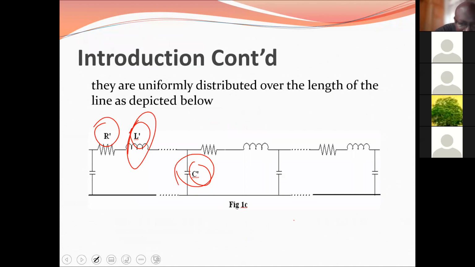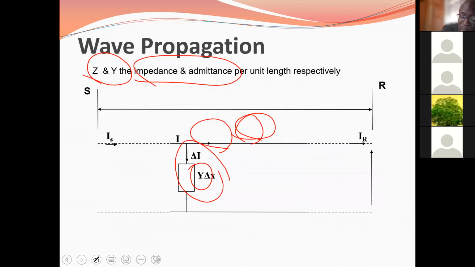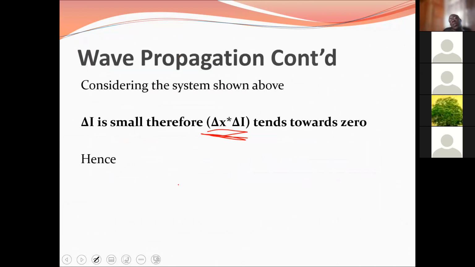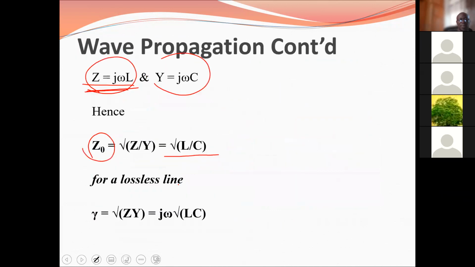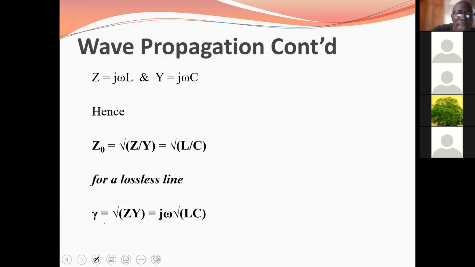L, C. We don't change anything. So when we come here, all we are doing now is showing the distributed parameters and showing a small section. So Z is based on your inductance, and Y, your capacitance. We're up to speed now? Yes, we're up to speed now. Proceed, sir. Proceed.